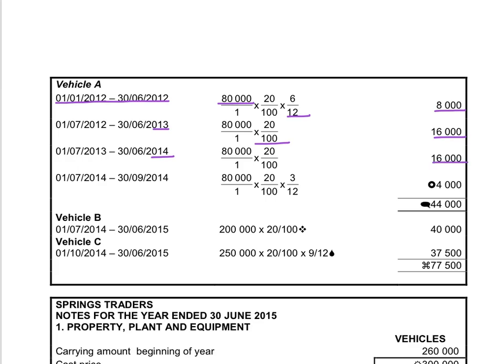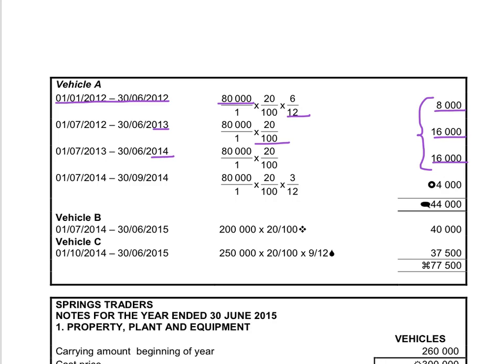Our new vehicle was purchased on the 1st of July 2014, so that means there was no depreciation in the previous year because we bought it on the last day of the financial year. If I want to know what is the balance in my accumulated depreciation account, I only had one asset, vehicle A, on which depreciation was written off in previous years.